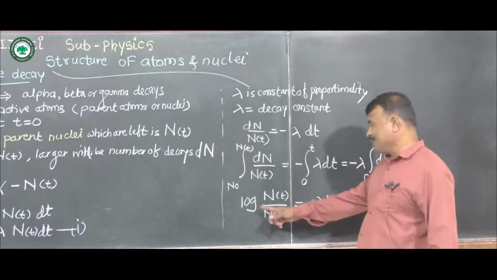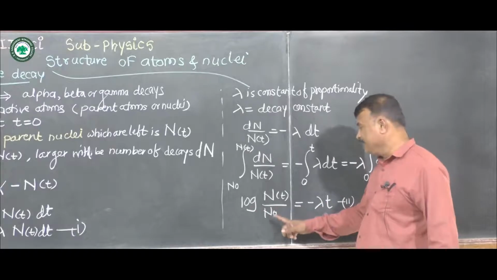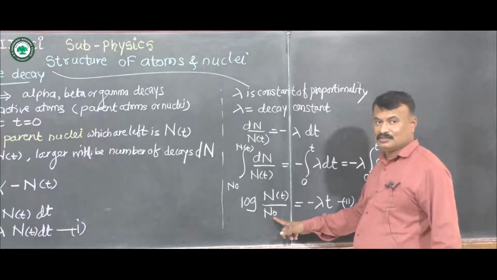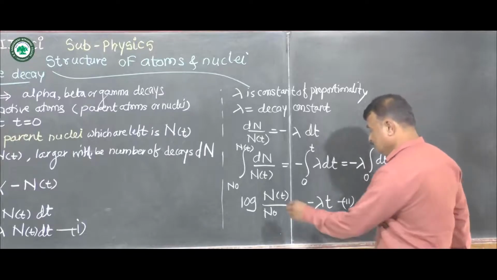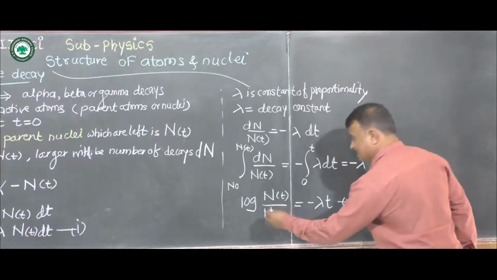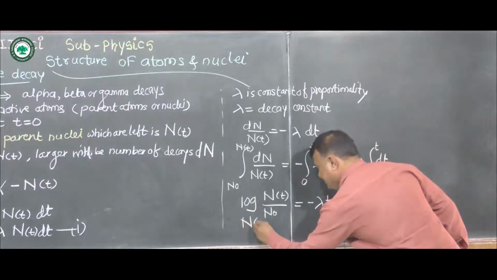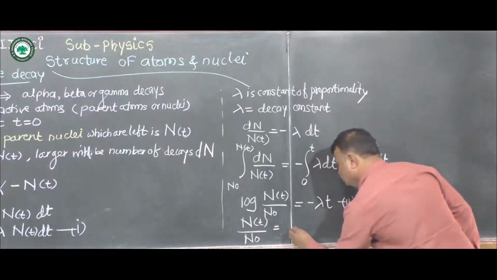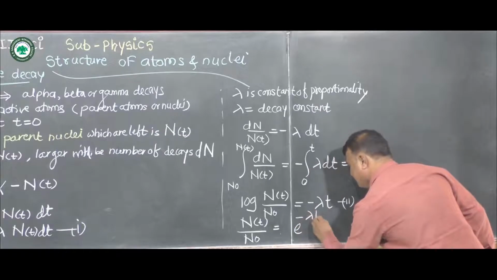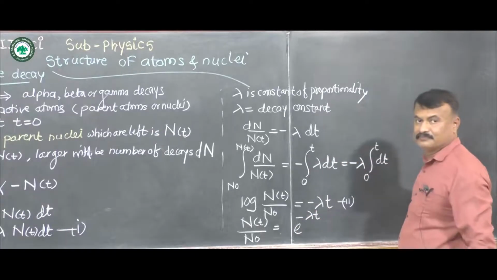So in this way we get a new equation: log Nt upon N0 is equal to minus lambda t. In the form of exponential, we write Nt upon N0 is equal to e raised to minus lambda t.